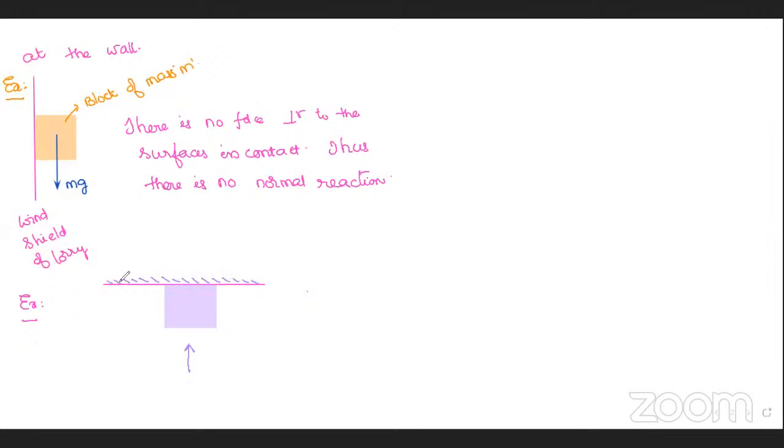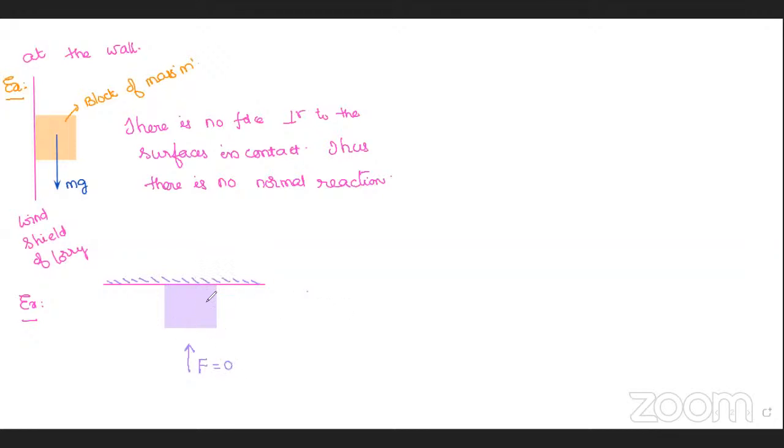Simple. I kept one block in contact with the surface. In contact with the surface means this is a roof, the roof of a building. And I did not apply any force on the block towards the surface, means in this direction, the upward direction. Then what will be the normal reaction? I am not applying any force.